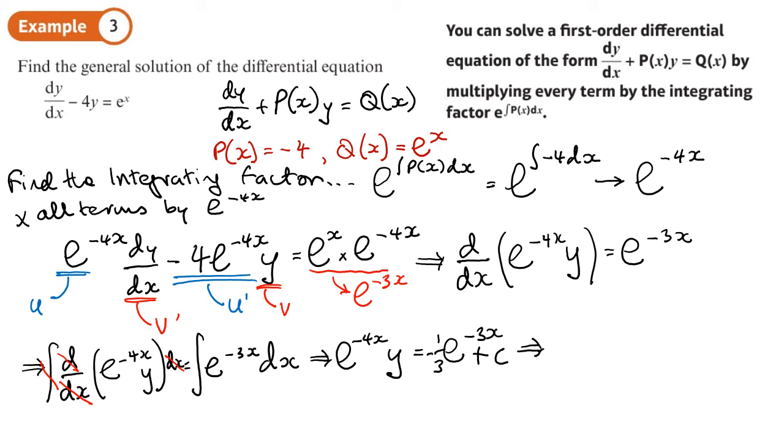So the last step will just make y the subject. So y equals -1/3 e to the -3x divided by e to the -4x plus c divided by e to the -4x, and we'll tidy that up.